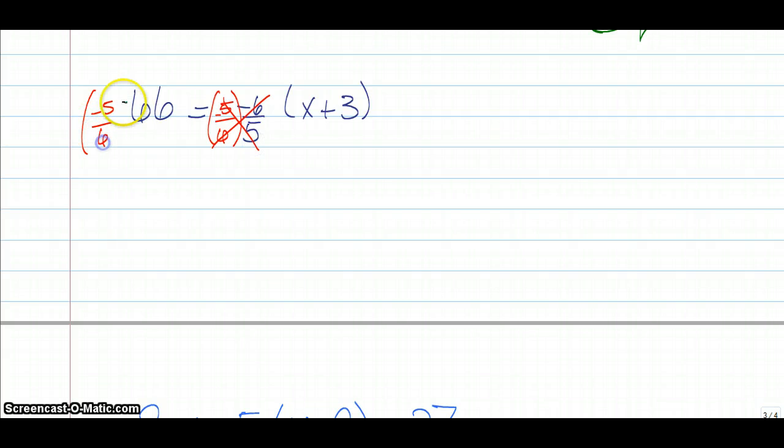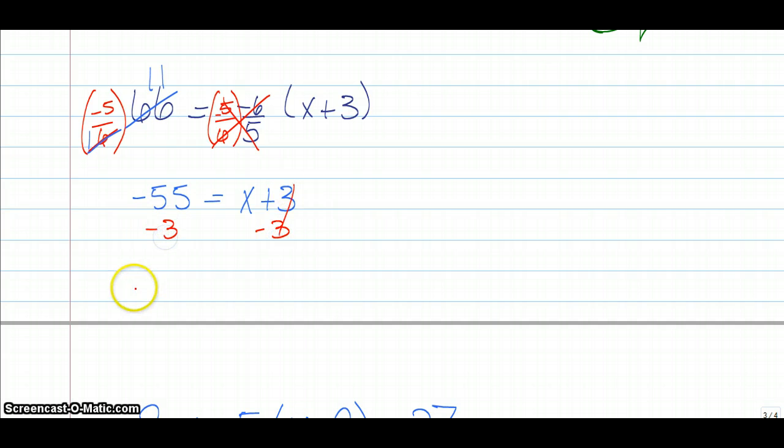So negative 5, 6. 6 goes into 6 one time. 6 goes into 66 11 times. Negative 5 times 11 gives me negative 55 is equal to x plus 3. I'm going to subtract 3 from both sides. So negative 58 is equal to x.